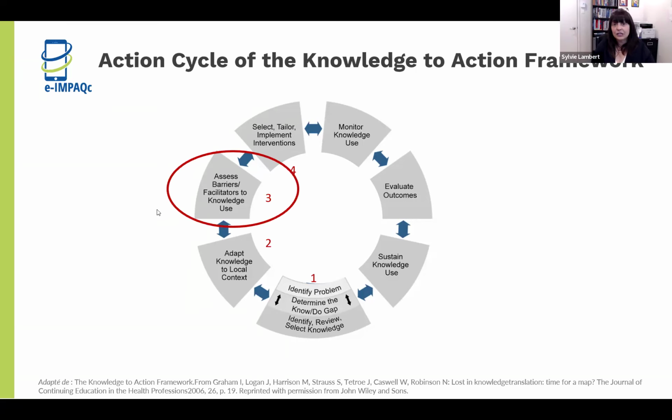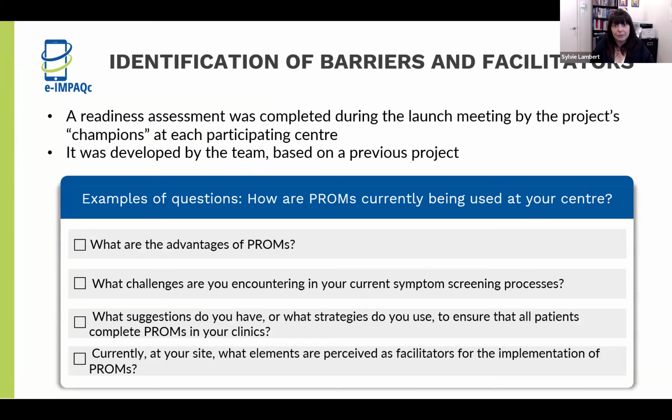And then you need to assess the barriers and facilitators to knowledge use. We thought we did a good job, but you'll see that we didn't do a good job. But this is what we did initially. Initially, we had a launch for e-impact. So we all got together face to face, and initially it was 7 centers.